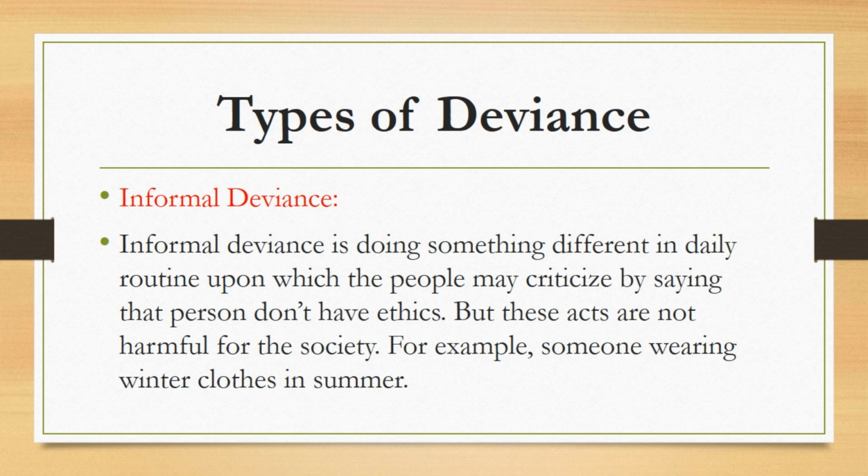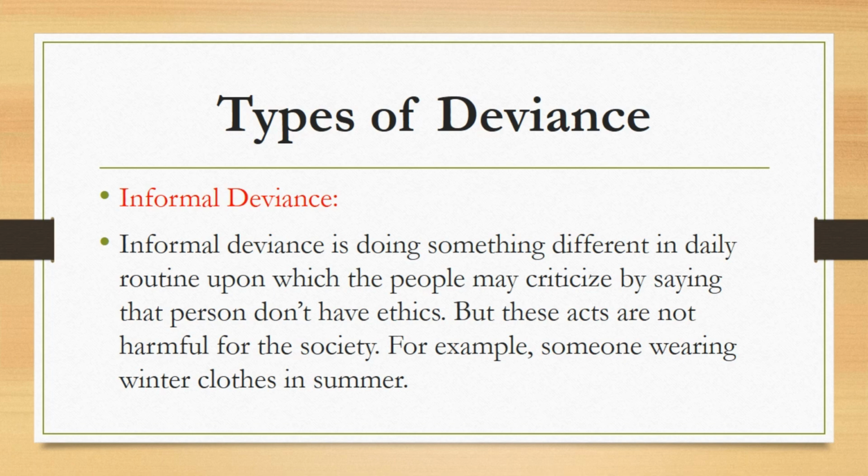In both cases, persons are doing something different from other people, but their acts are not a serious threat. They are against the society but not harming anyone. So in such a situation there will be no legal action and no punishment. All those acts which are against the norms, values and culture of a society but are not harmful or serious will be considered informal deviance.